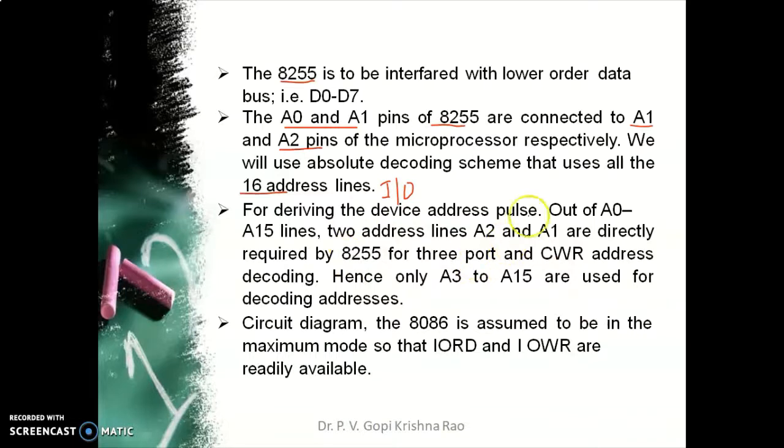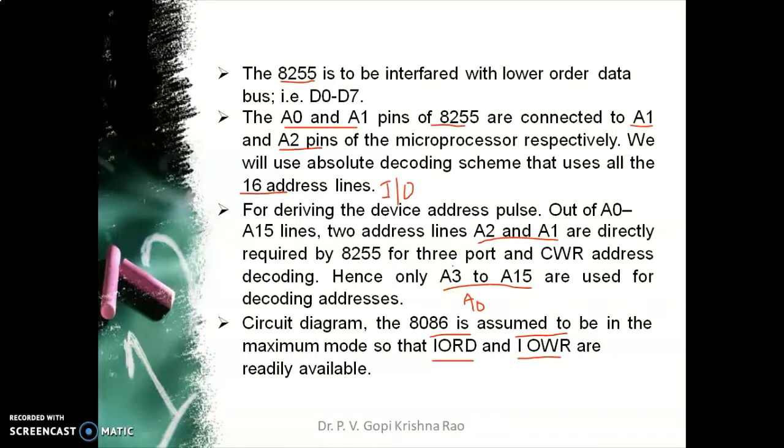So other than A1 and A2 lines, which are connected to A0 and A1, the remaining lines A3 to A15 along with A0 are used for address decoding, and the read and write are respectively connected to IO read and IO write.